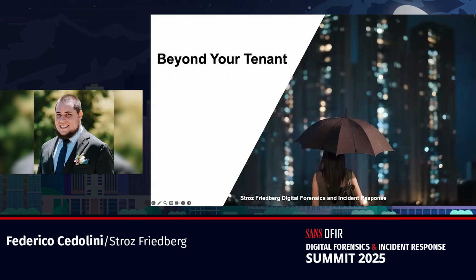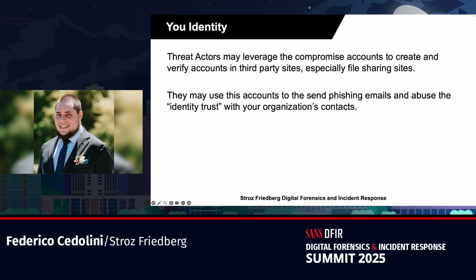So let's talk about something very interesting. I call it persistence in this case, but it's a recent trend in which we have seen threat actors leveraging the identity of the users that they compromise to create accounts on third-party sites. Very common third-party sites are Dropbox or file-sharing services, which they can generally use for spreading more phishing.